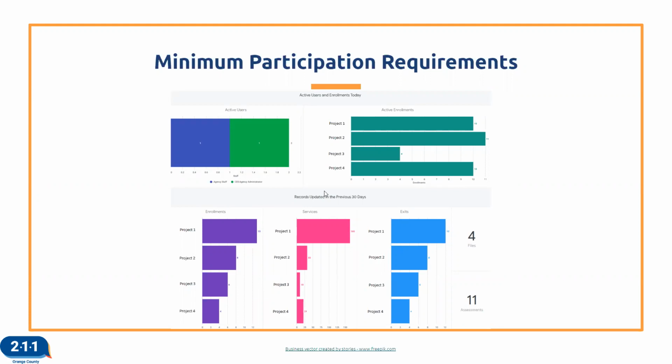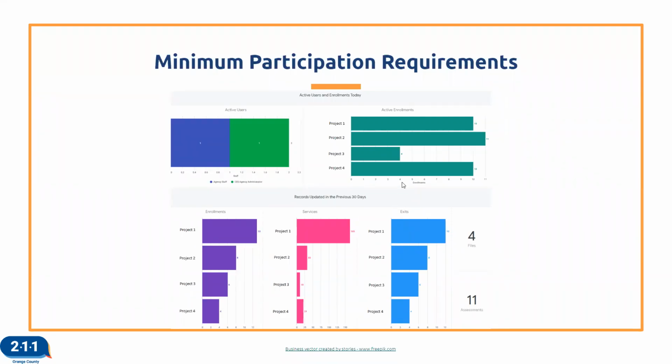The bottom section is telling you about your agency's HMIS activity. You'll be able to see by project how many enrollments were entered or updated in the previous month, how many services, how many exits, how many files, and how many assessments.